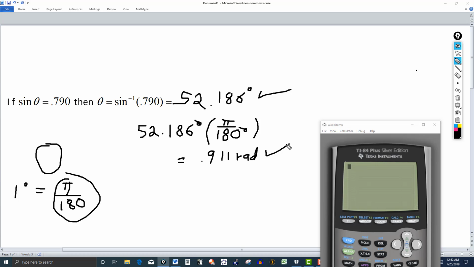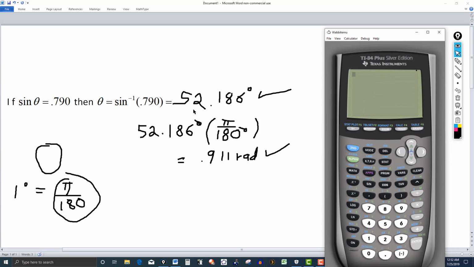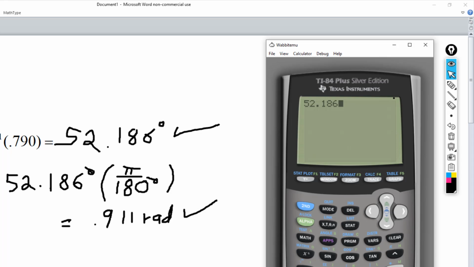Now sometimes they'll want the answer in degrees, minutes, and seconds. If that's the case, let me take this answer, 52.186, which is one possible answer if they want it in decimal format.